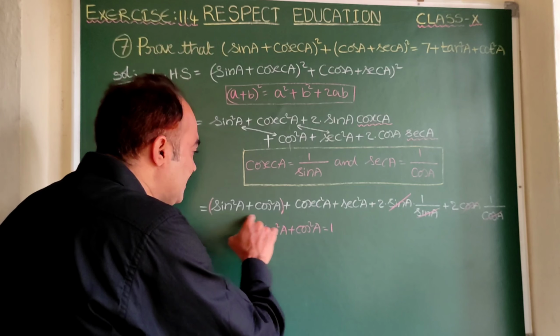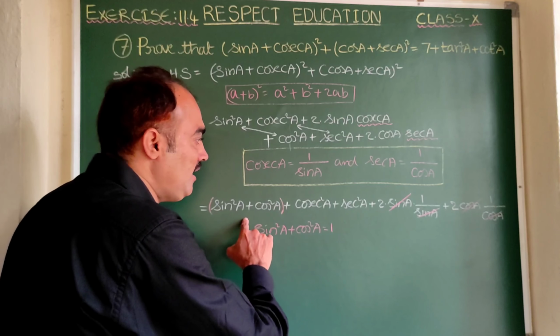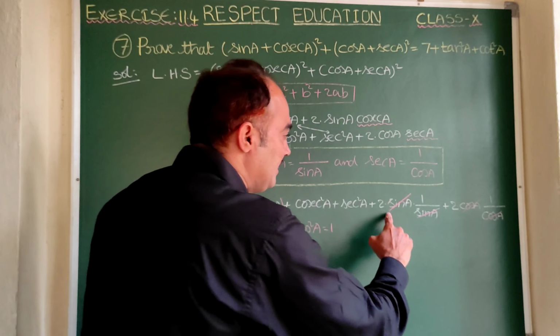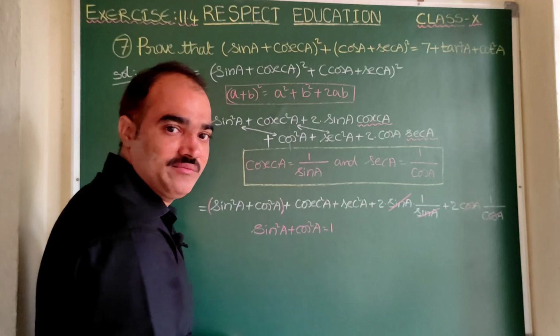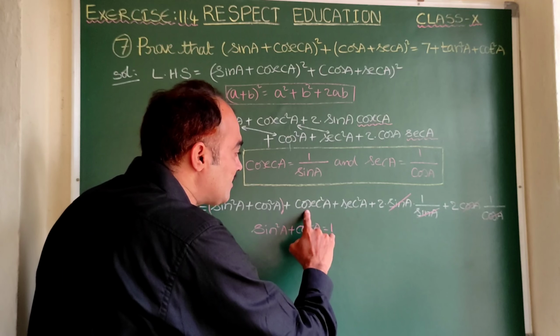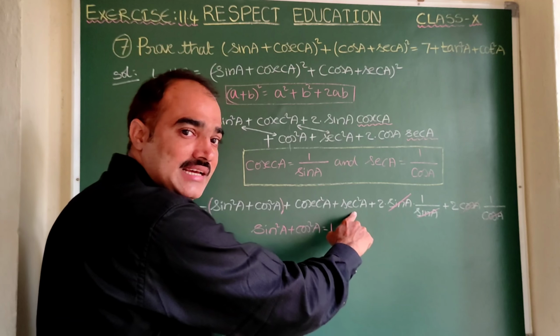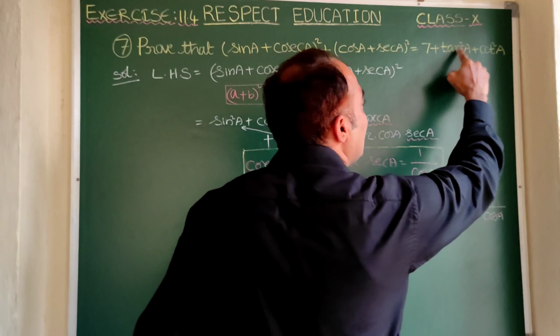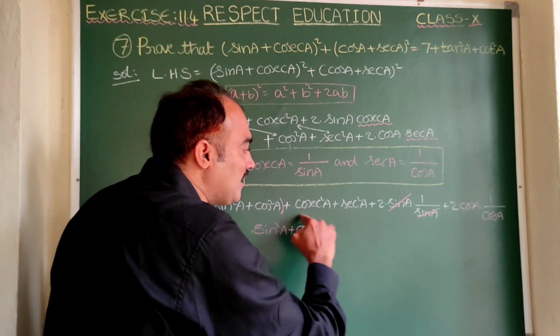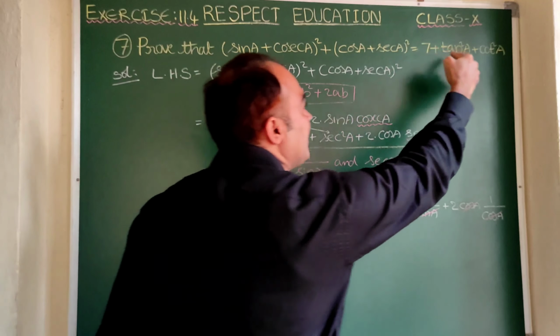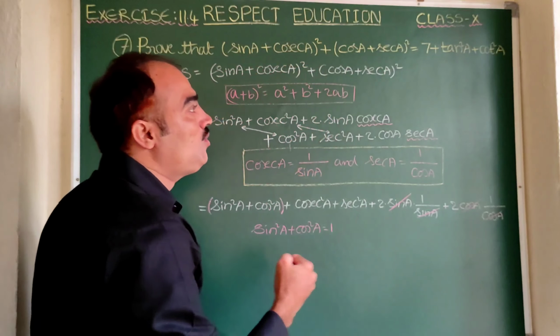And here if we write this as 1, this is 1 plus 2, 3. 3 plus 2, 5. But here in the answer we need 7. That too, here cosecant square A plus secant square A is there. But we need tan square A plus cot square A. So we need to convert cosecant square A plus secant square A in terms of tan square A and cot square A. How to write?